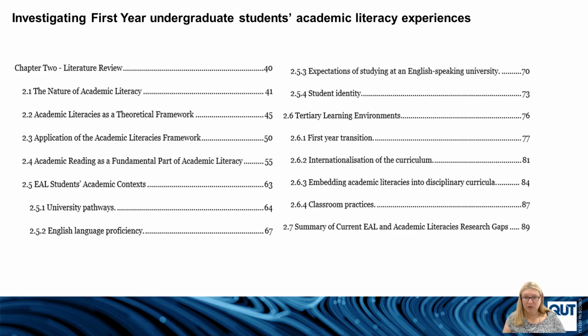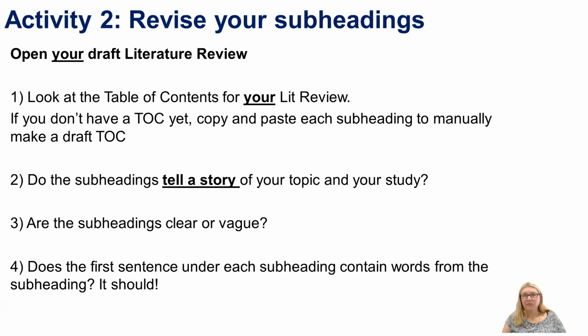So when you're looking at your table of contents, have a think about those subheadings. Are they telling a story of where this research is going? And do you have the concepts in your title listed somewhere in your table of contents? So this is an activity now for you. I'm just going to give you 5 minutes for this one.